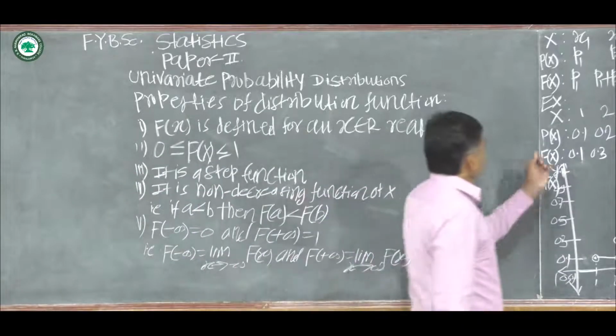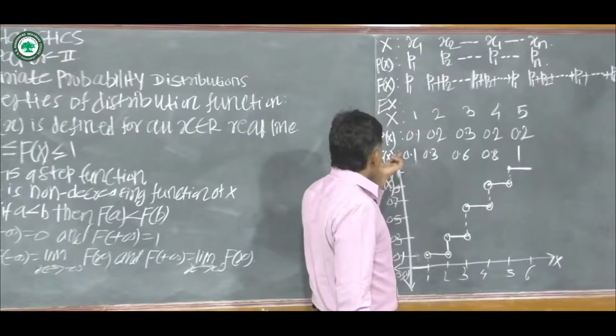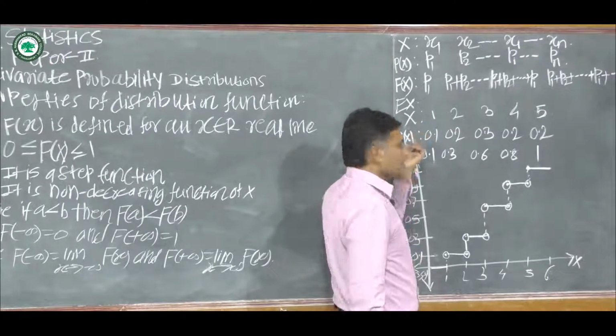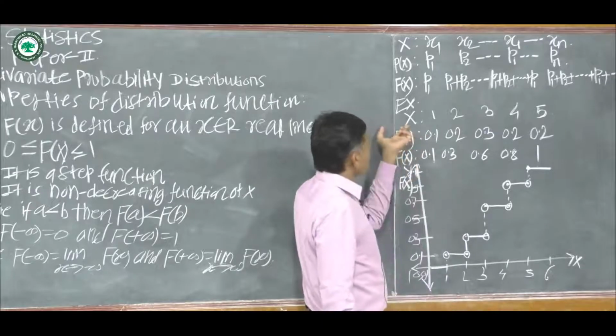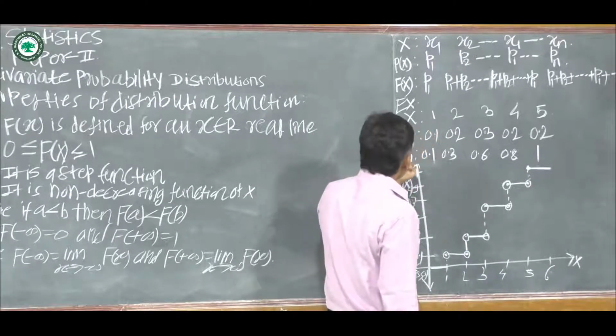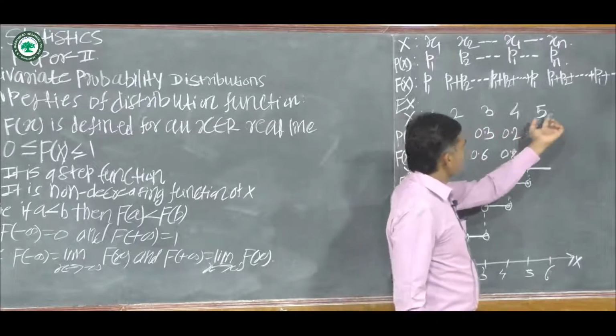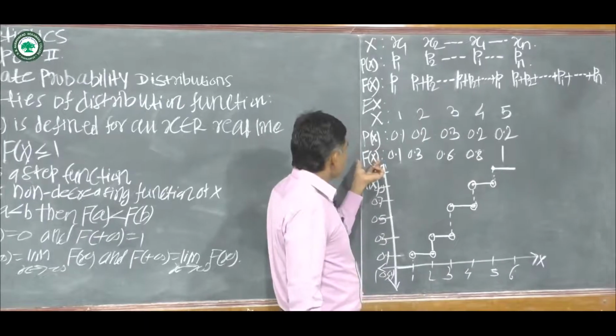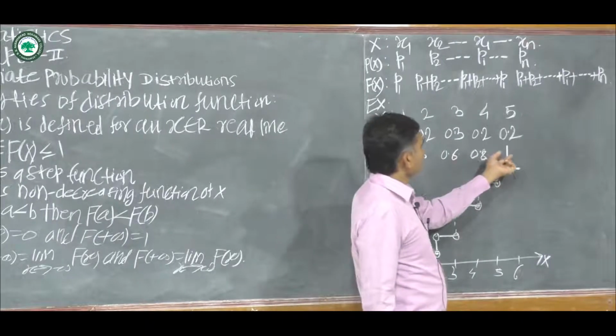It means the function capital F of x is 0 if x is less than 1, and if x is greater than or equal to 5, then the value of capital F of x is 1.